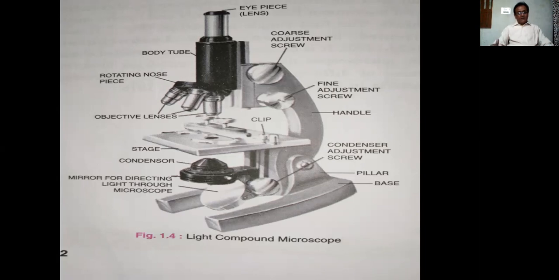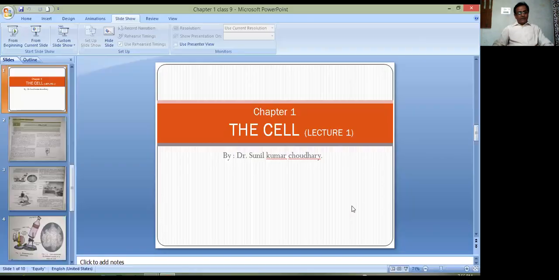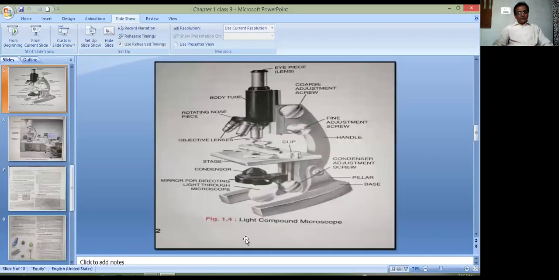The discovery of the cell, from that time, we started knowing the cell.